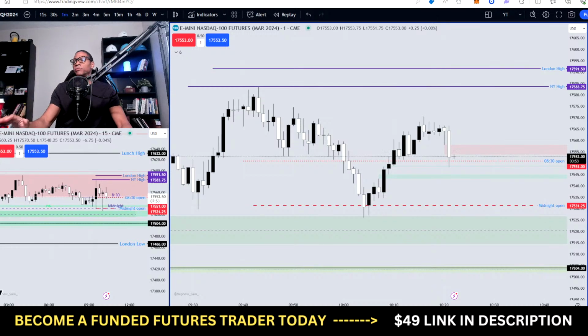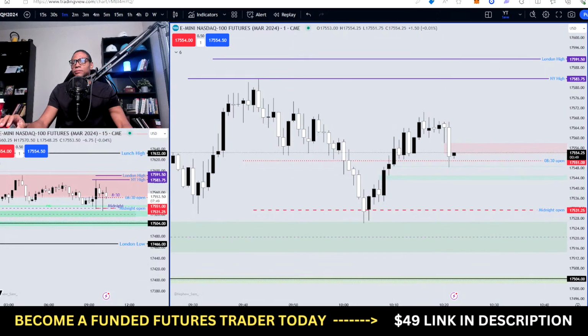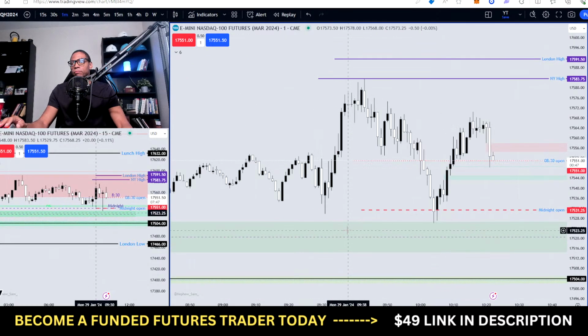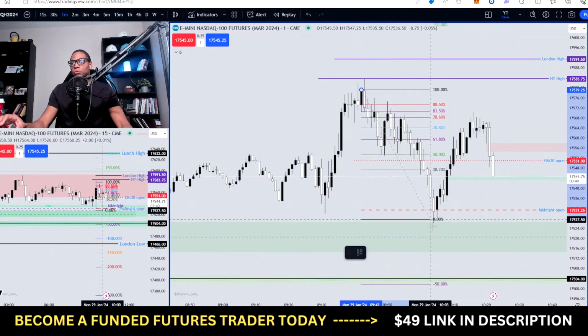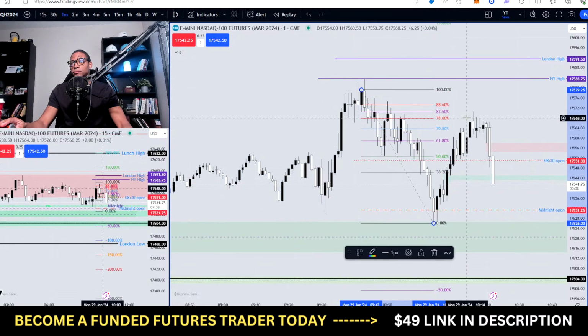All right, so now we have another retest of the 8:30 open. So we swept lows. So far, we've made a rebuild. Let's see how far we retrace back in. 78% and failed. Okay.